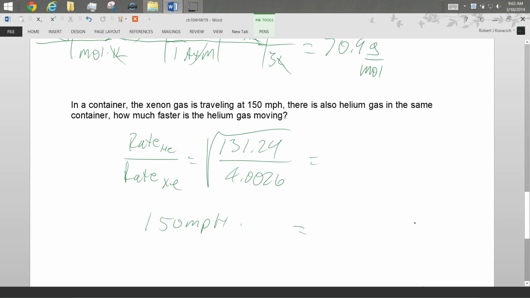Square root of 33. That's better. It seems like a more reasonable number. 770 miles per hour. Okay.